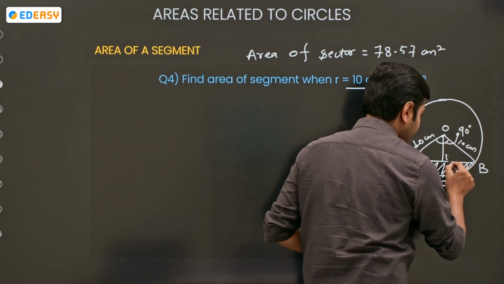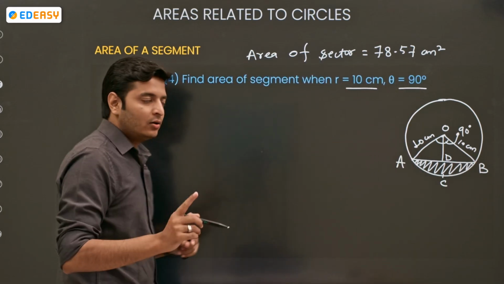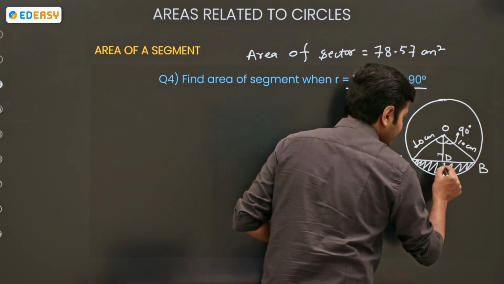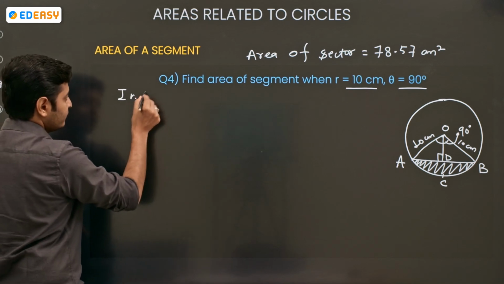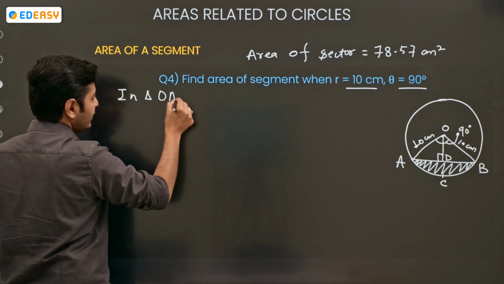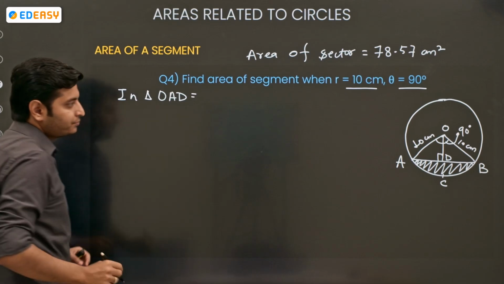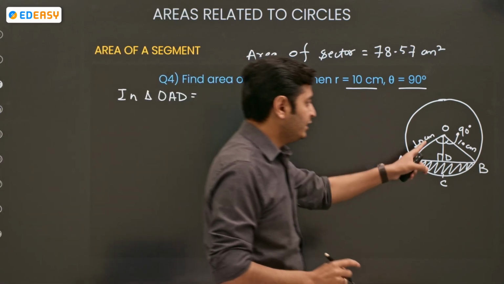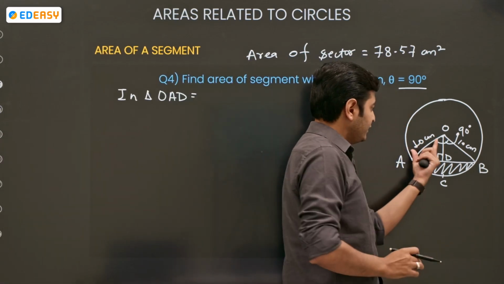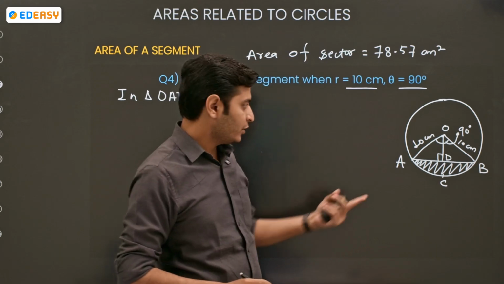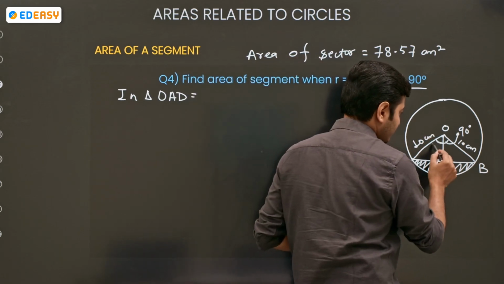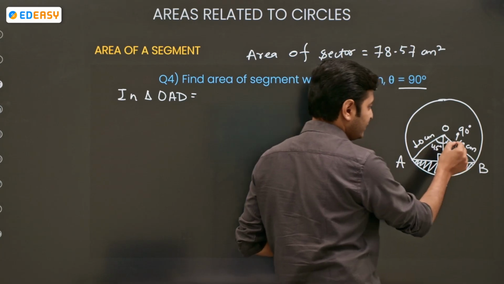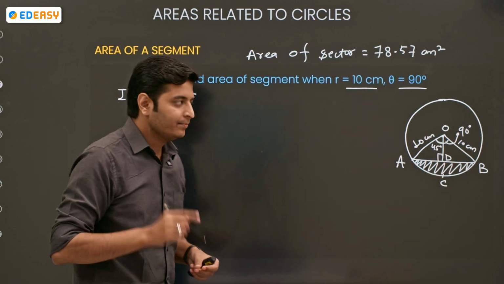Let's name this point as D. Now this angle is 90 degrees, so this is also 90 degrees. In triangle OAD, what can we observe? We know the value of this side because this is the radius, 10 centimeter. The value of this angle is 45, exactly half of the 90 degrees, correct?